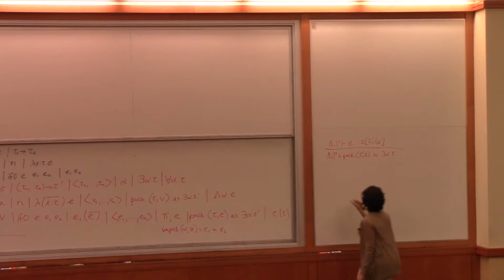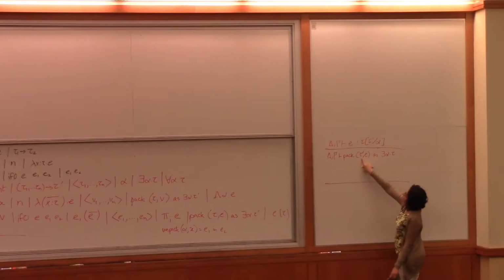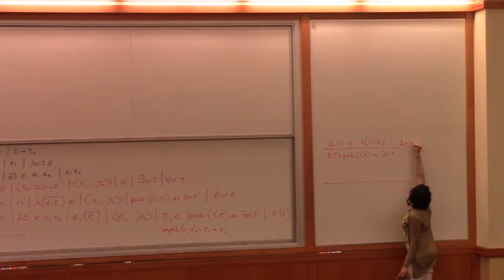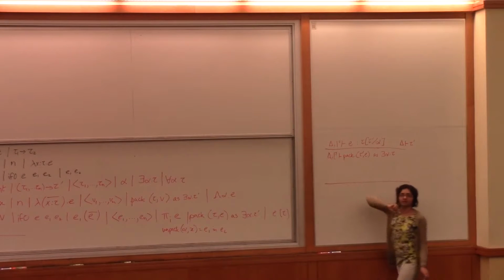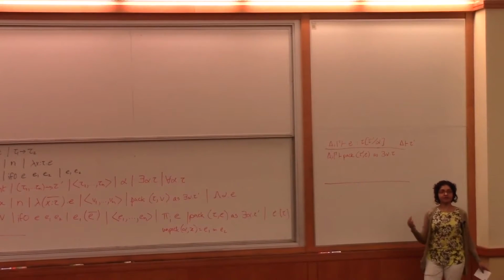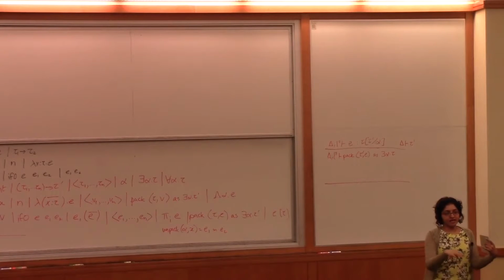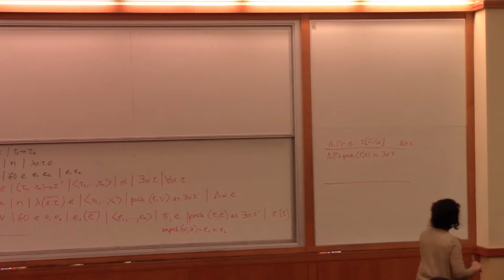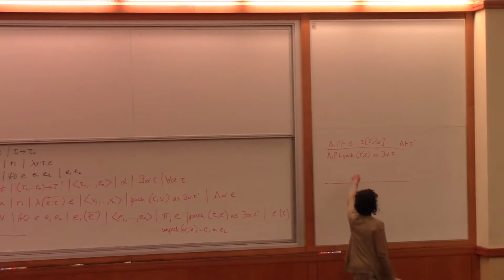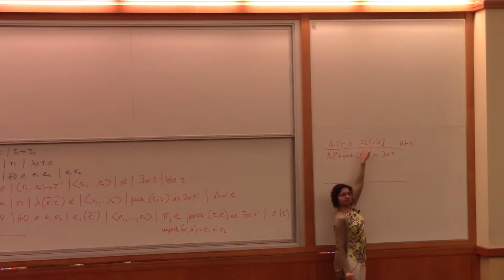Okay, and what does unpack do? Oh, and by the way, here I'm assuming that that tau prime that we're plugging in is well formed in this environment. So pack is basically taking a witness type. It's like creating a package. It's saying, I have an expression. I know that its type is this much more detailed, specific type. Tau prime might be in it. I'm going to hide that from you and just call it out.